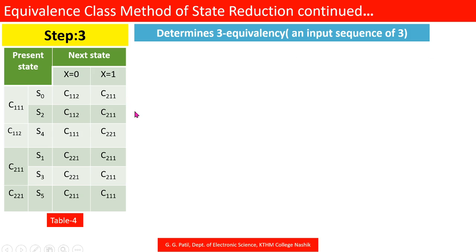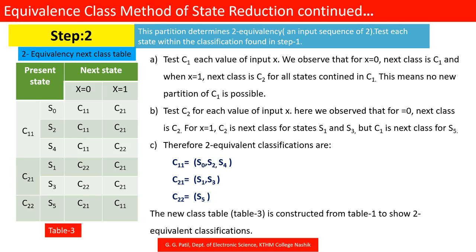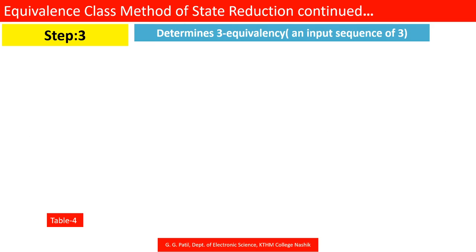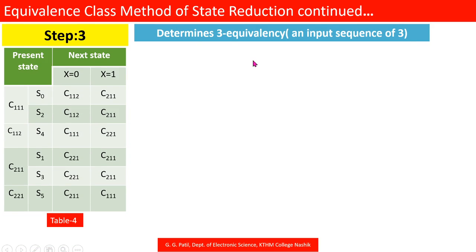If we observe the table carefully, here S0 and S2 states have the same next classes C11, C11, C21, C21, but S4 has C22 here. So the partition is possible here, and C11 will be partitioned again. Observe it carefully, and you will come to know how it is partitioned and how it is named.